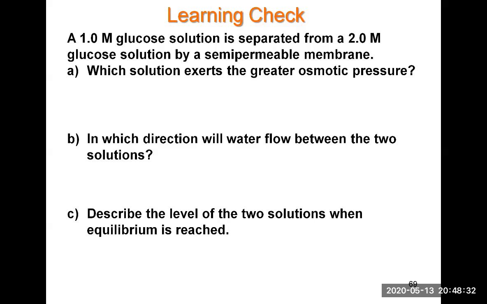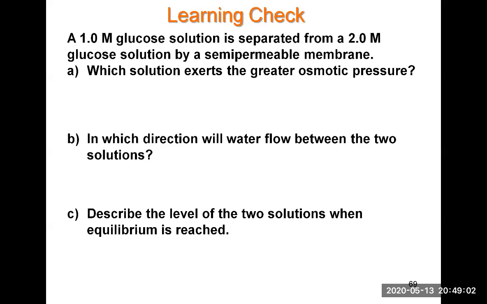And glucose, when it's dissolved in water, is just a big neutral molecule, and it stays the same. It doesn't dissociate into ions, for example. So it stays as one big neutral molecule. So when you have 1 mole of glucose, it's 1 mole of dissolved particles. And when you have 2 moles of glucose, it's 2 moles of dissolved particles.